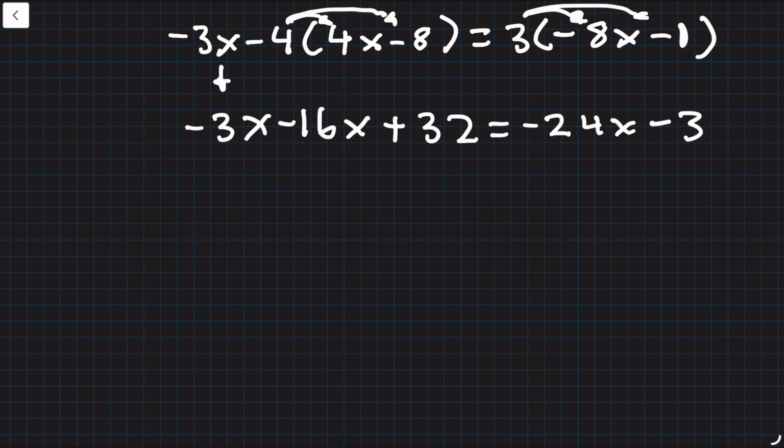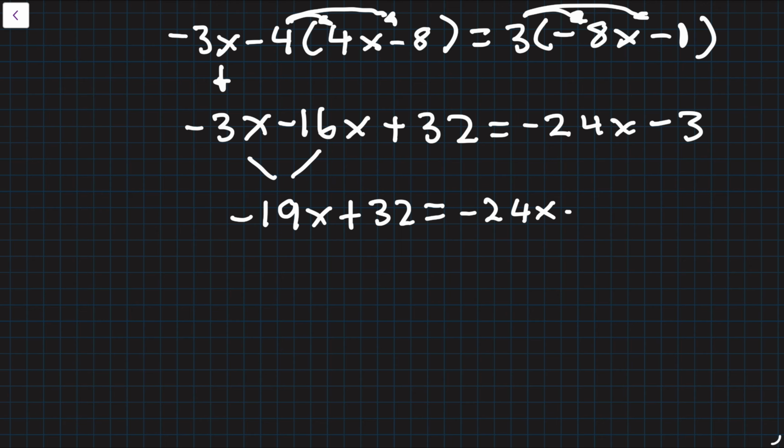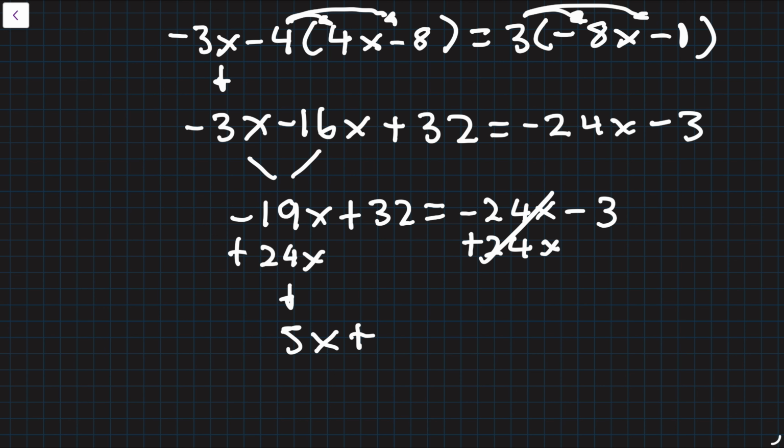Then you're gonna add these two together because they are like terms, and you're gonna end up with negative 19x plus 32 equals negative 24x minus 3. I'm gonna bring the x to the other side, so positive 24x on both sides, and then it's going to cancel out, and it would be 5x plus 32 equals negative 3.